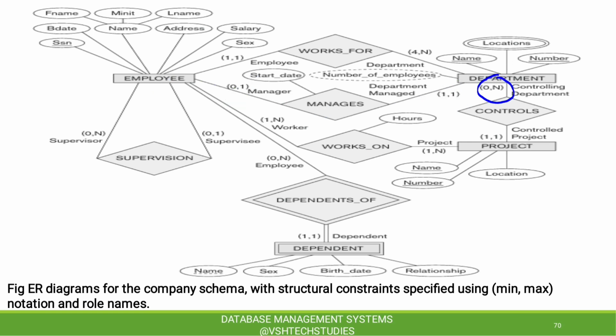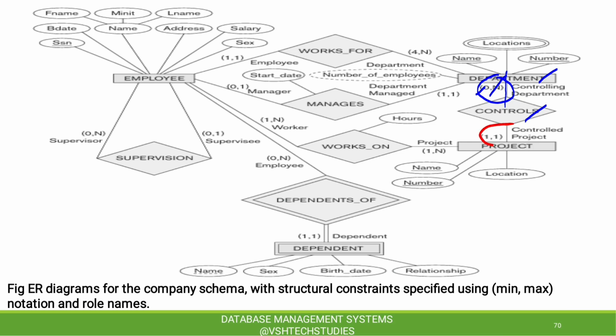This 0, n is written on the line joining department entity with controls relationship. This minimum number 0 indicates that the department to the minimum can control 0 number of projects, means it is not doing any controlling of projects work, it is doing other work. If at all it is controlling, it may control n number of projects, that is any number of projects.